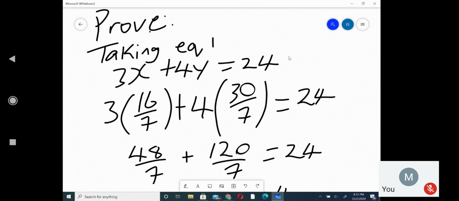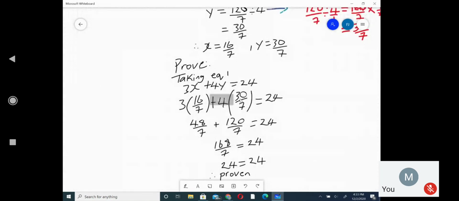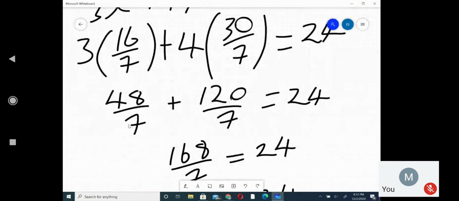So equation 1 was 3x plus 4y equals 24, and we substituted the value of x, which is 16 over 7, and the value of y, which is 30 over 7. When we multiplied 3 times 16 over 7, we got 48 over 7. And when we multiplied 4 times 30 over 7, we got 120 over 7.